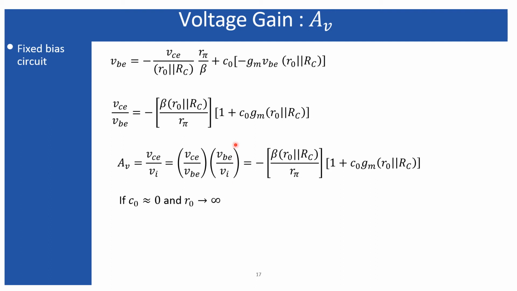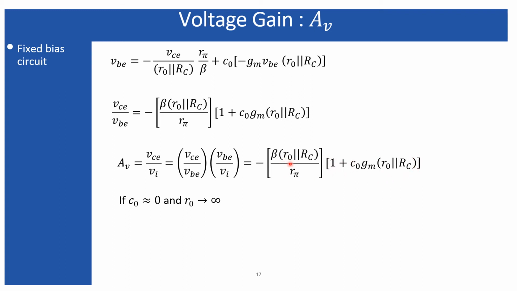Now, what if the early effect is 0, or if we do not consider the early effect? If we do not consider the early effect, obviously the C naught will be equal to 0 and this R naught will be infinity. So C naught equal to 0 will make this part 0, leaving this 1 over here.